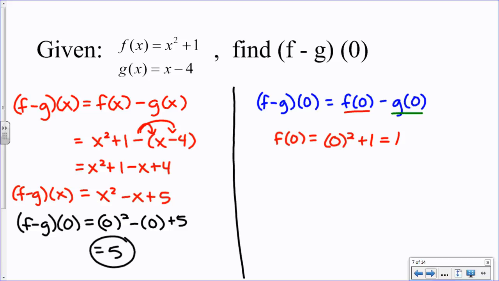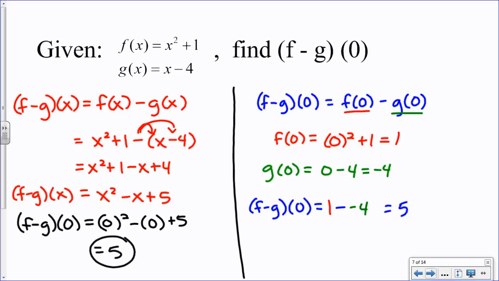For g of 0, I'm just plugging in 0 to my g of x. That's negative 4. Then f minus g of 0 is 1 minus negative 4, which is 5.